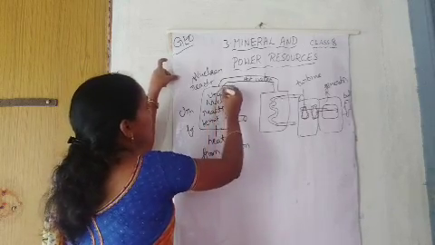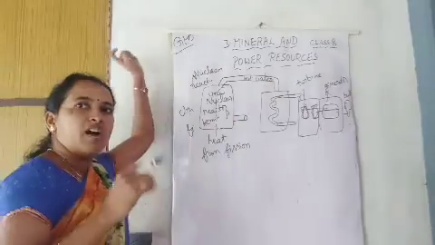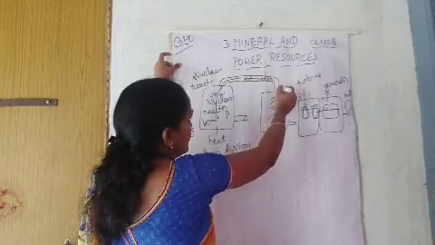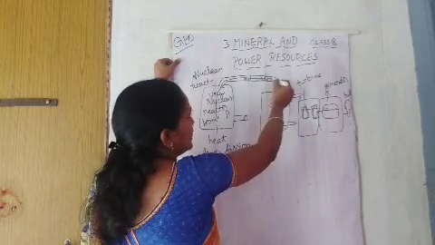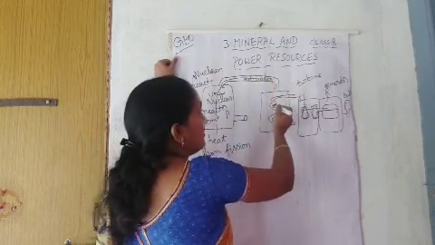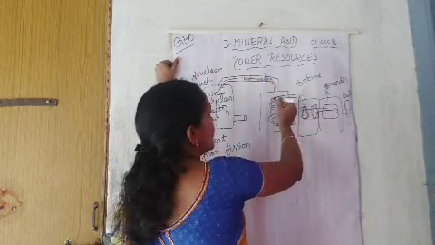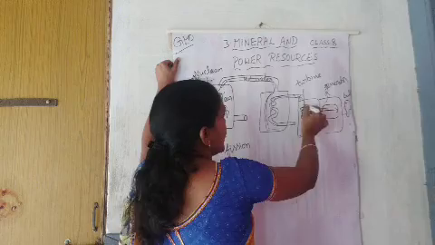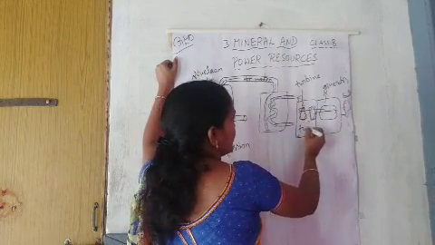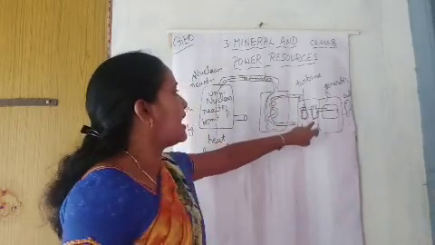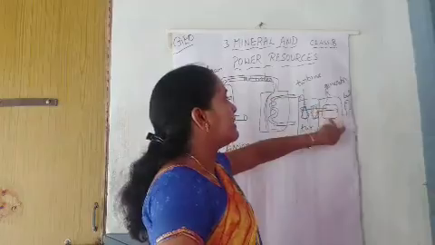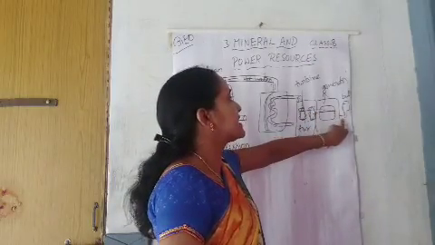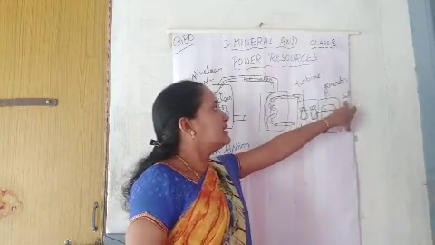This heat will go as hot water, like hot steam, from this tank to the other tank, and this vapor will move the turbines. These turbines will make the generator move, and this generator will produce electricity. This electricity is connected to the power stations and the bulbs will glow.